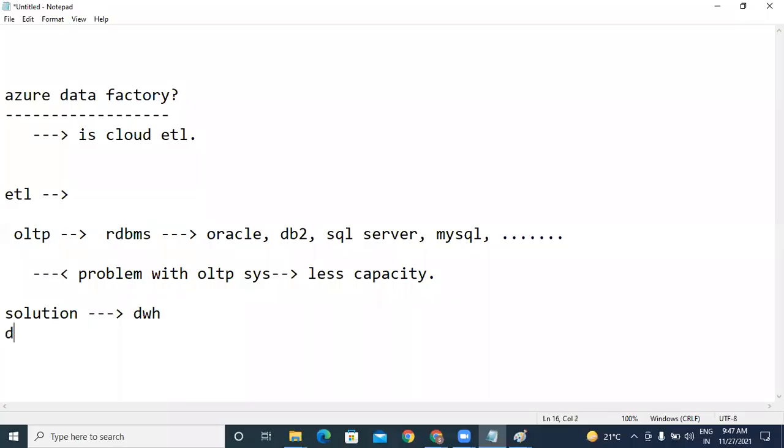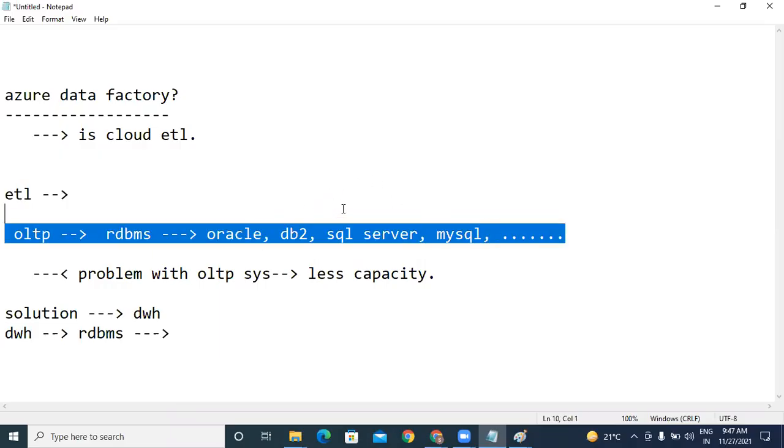But for the data warehouse, there are some special databases. These databases are also RDBMS. What are the popular databases for the data warehouse? Can someone name them please? Oracle, DB2, SQL Server. No, these databases are very bad for data warehouse, but very good for OLTP.